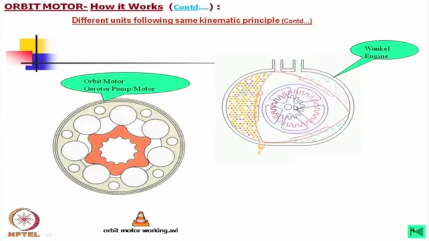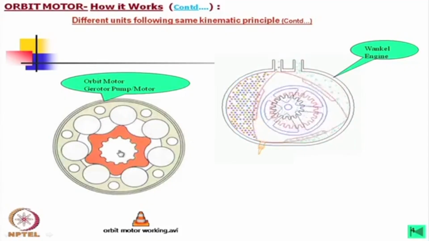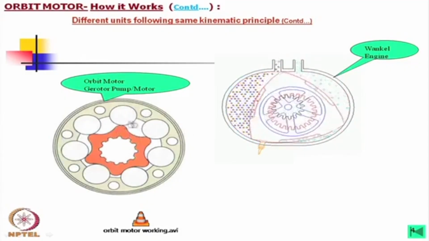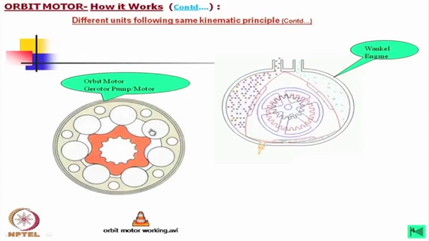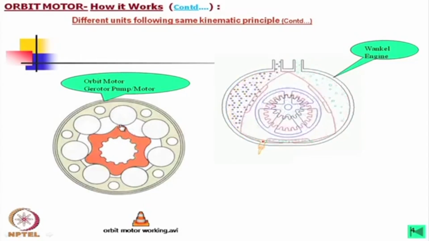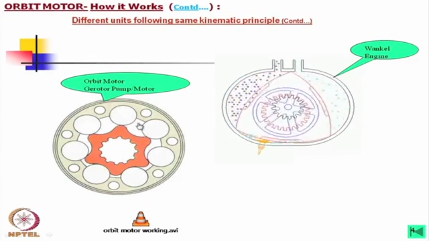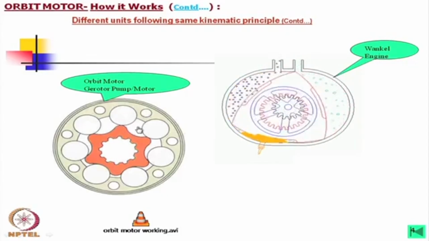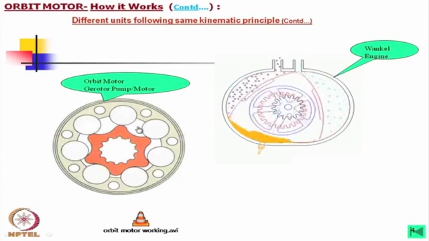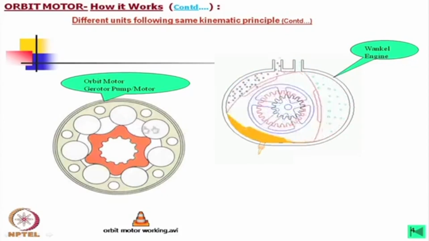Now, in comparison to this Wankel engine, a similar motion is also possible here, and we will find that the chamber between these 2 contacts is going through compression and expansion. So, this also can be used as an engine or maybe a motor.